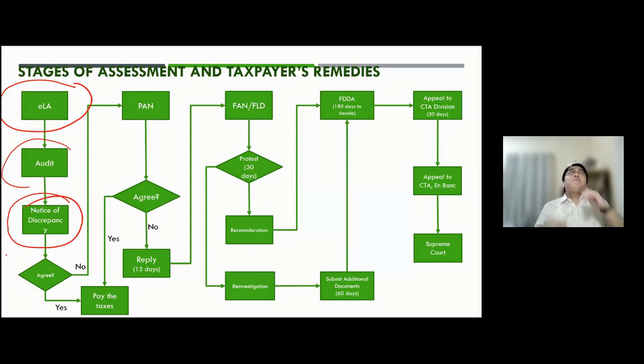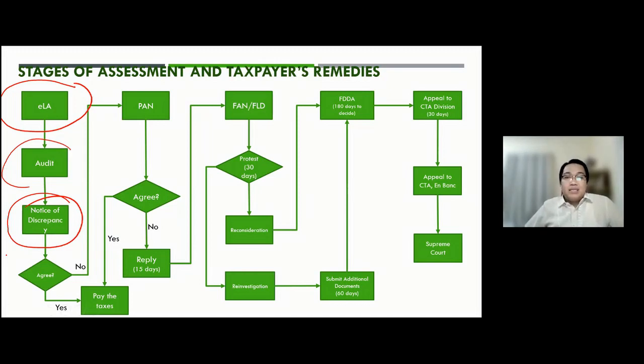So kung nabasa mo yung case ng Commissioner of Internal Revenue versus Fitness by Design, Inc., ang sabi doon ng Supreme Court, mandatory and jurisdictional ang notice of informal conference, because that case was decided during the time that the revenue regulation effective requires or mandates the issuance of a notice of informal conference. Pero kung ngayon itatanong yan, 2022, mandatory and jurisdictional ba? Mandatory bang issuance ng notice of discrepancy? The answer is yes. That is mandatory part of due process requirement, the right to due process of the taxpayer.